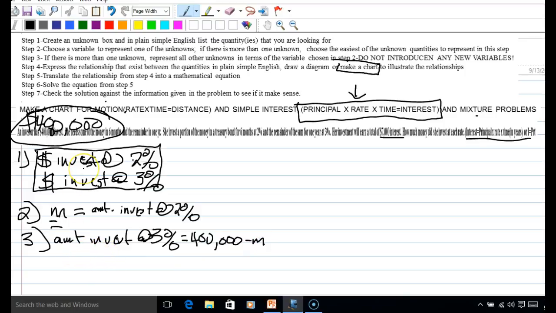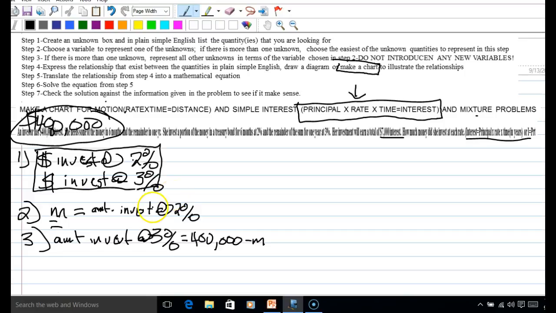Again, she has $400,000 to invest. If she invested M dollars at 2%, then she would invest the remaining amount of money at 3%. Well, how much money remains? Well, if she invested M dollars at 2%, then the remaining amount of money would be $400,000 minus M.